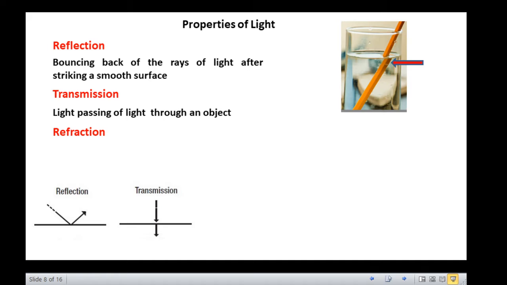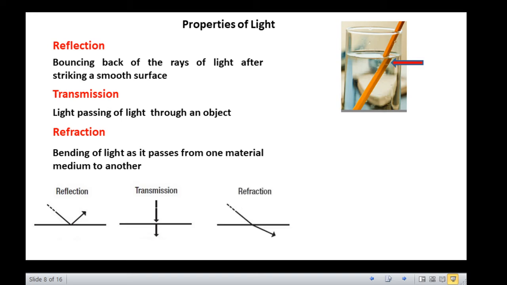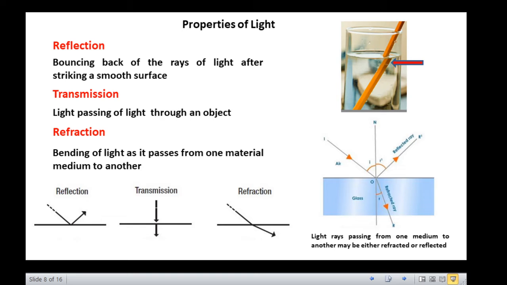This is because the rays of light passing through water have changed their direction when they pass from water to air. This bending of light as it passes from one material medium to another is called refraction. Thus, light rays passing from one medium to another may be either refracted or reflected.